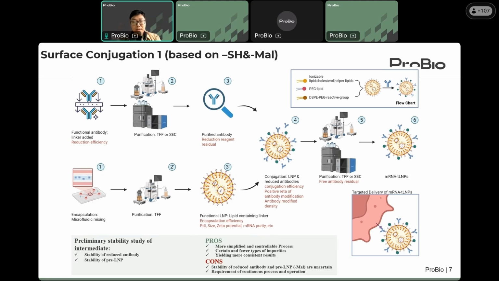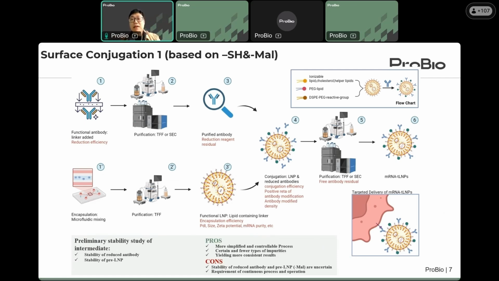According to our experience, this process gives very consistent results. But this pathway also has its drawbacks. For example, the reduced antibody and the functionalized LNP may not be that stable, which means they won't last for days.